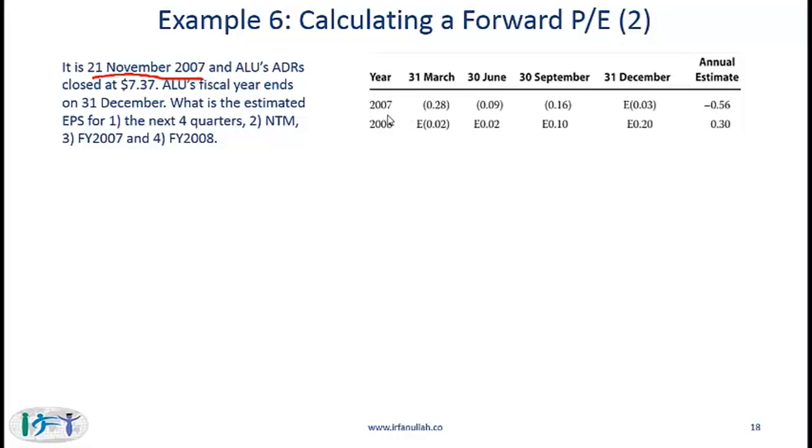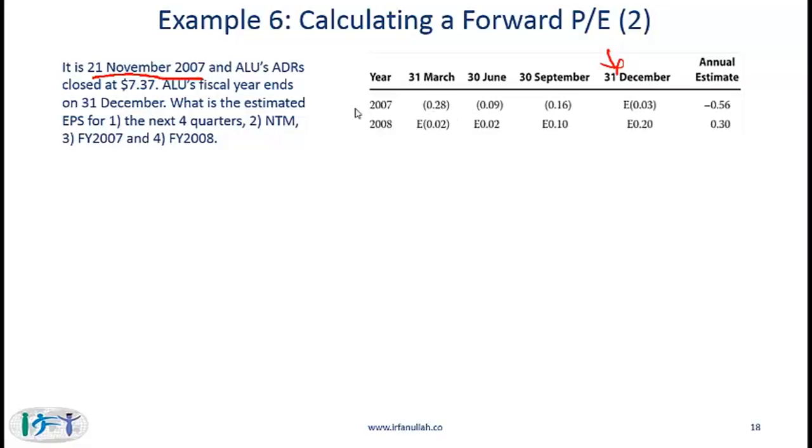So notice that if this is the date, 21st November 2007, so you are in the 4th quarter of calendar year 2007. And fortunately for us, the calendar year and the fiscal year is the same for this particular company. We are somewhere here, so late November.